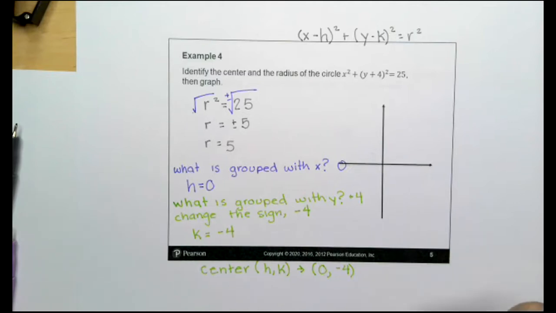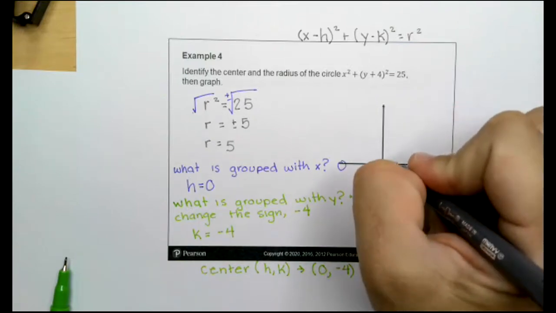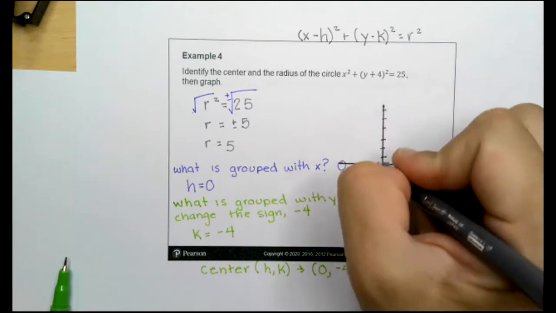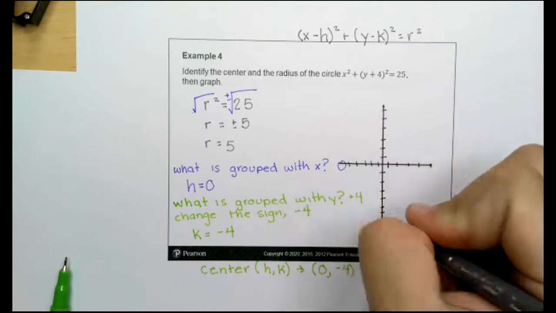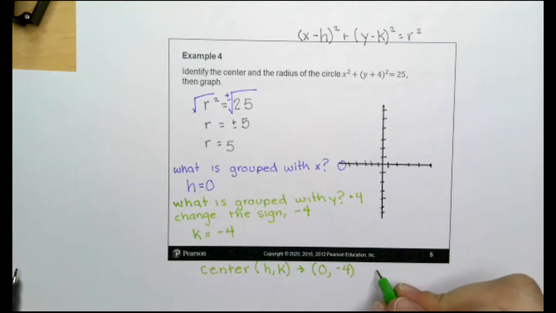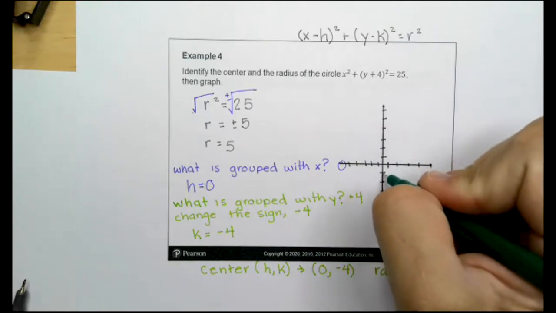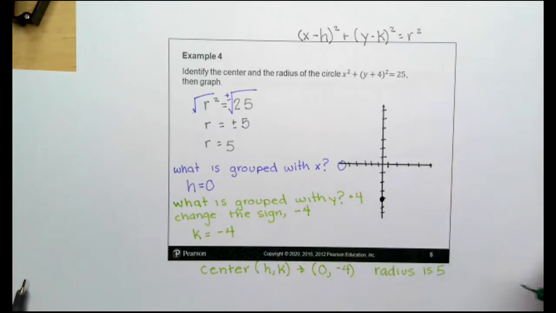The radius is 5. So that just means we count out 5. And then graph it. 1, 2, 3, 4. The center, and then the radius is 5. So the center, 0 on x, -4 on y, right here. Okay, the radius is 5.